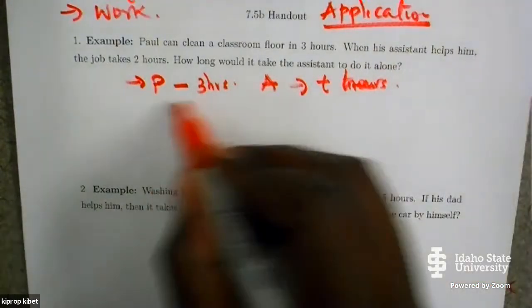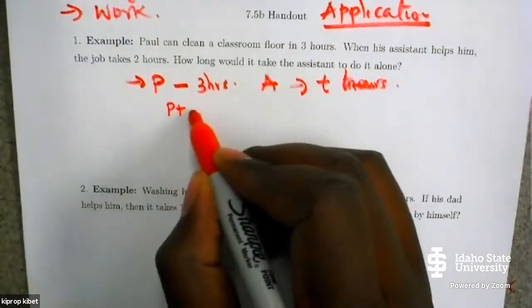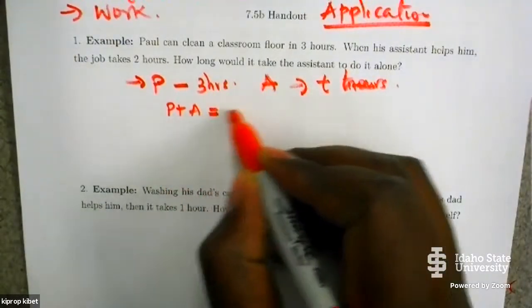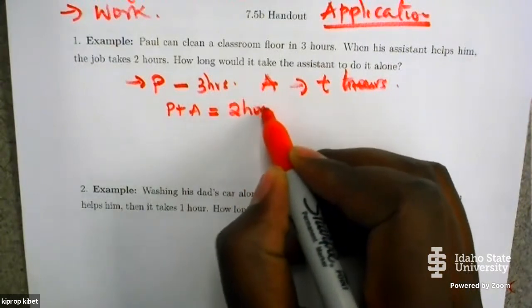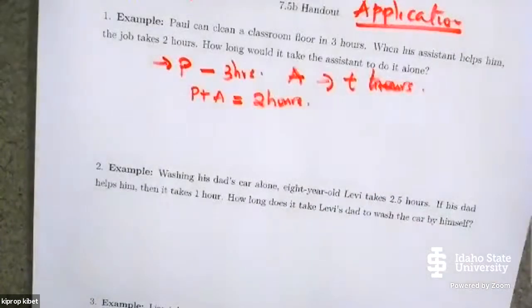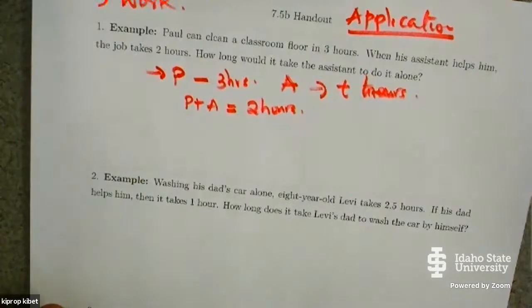Now, the two of them, Paul plus the assistant, take 2 hours. So the question is, how long will it take the assistant to do the job alone?